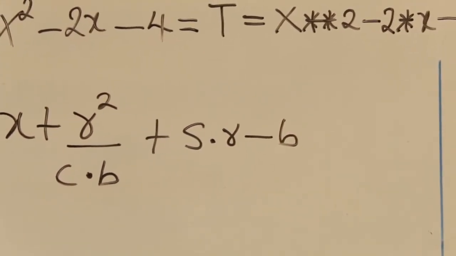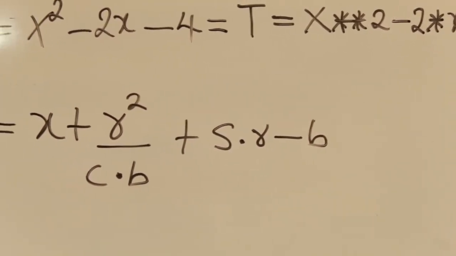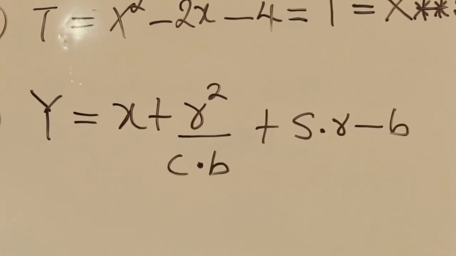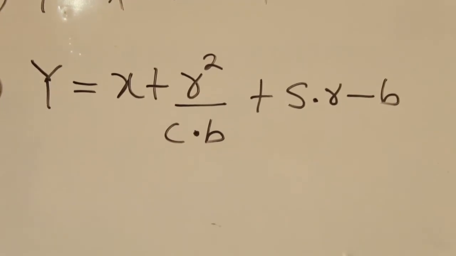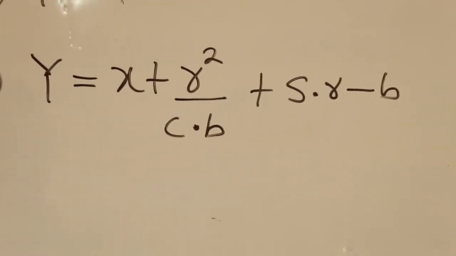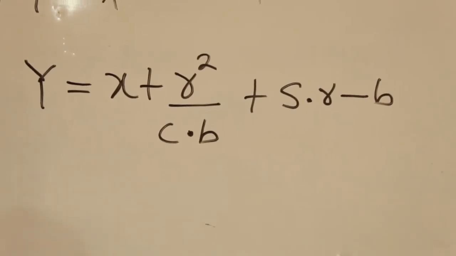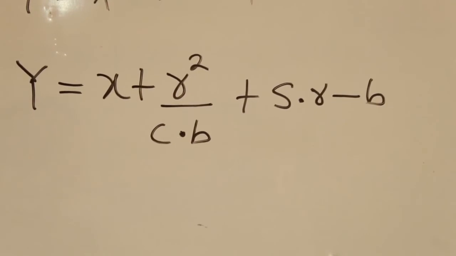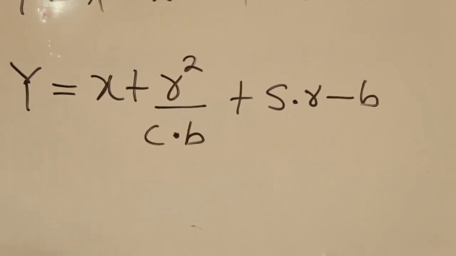Okay, so this is what we have here. Y equal to x plus r squared divided by c dot b plus s dot r minus b. So this is in mathematics.